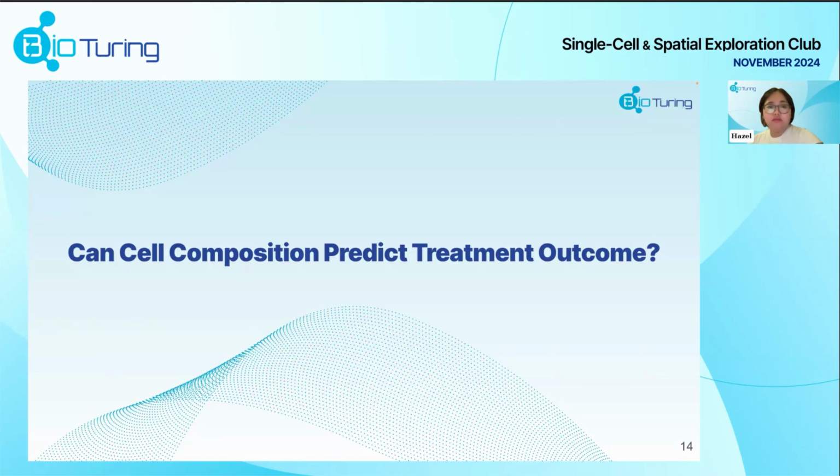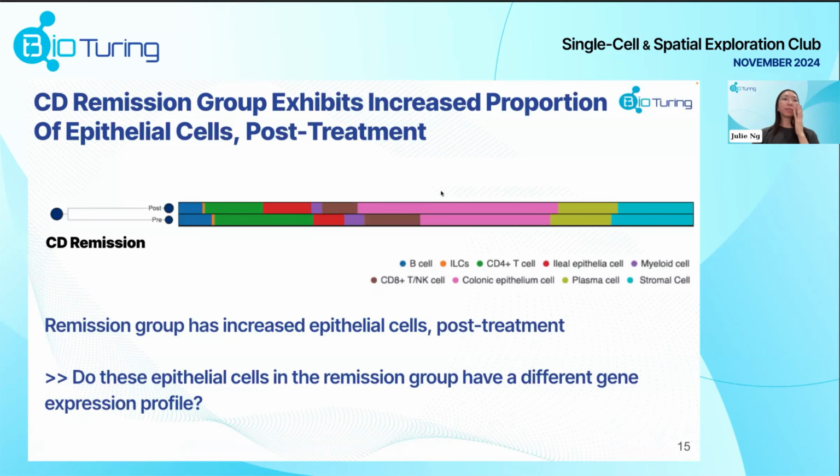So here in this first result, in Crohn's disease, in the remission group, we see an increased proportion of epithelial cells. And if you remember from the beginning, in non-inflamed and in healthy states, we do see this increased proportion of epithelial cells because their function is important to healthy gut function, right?